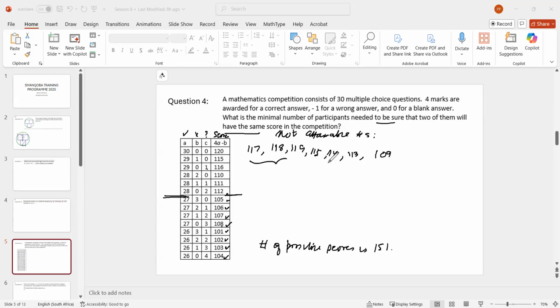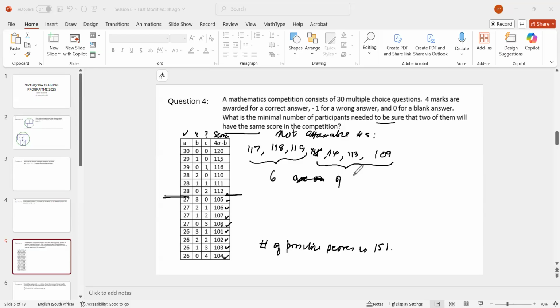So there are how many numbers? 3, 7. There are 7 numbers which are not attainable. No, 115, I should include 115 is there. Right. Okay. So there are 6 numbers. 6 are not attainable. 6 of 151.